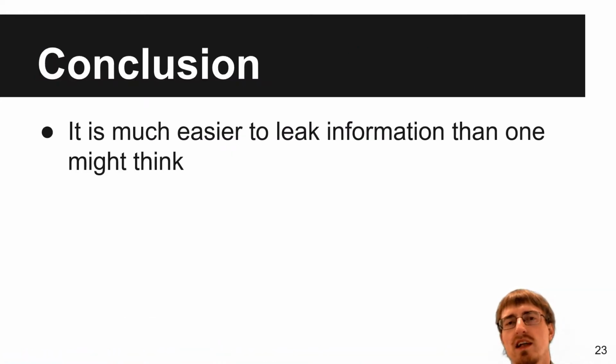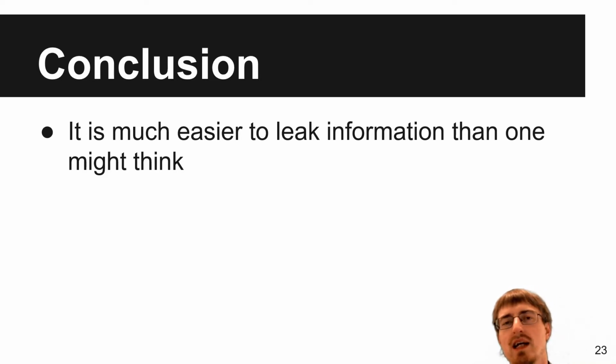So in this presentation I've shown a number of attacks as well as a number of defenses mitigating those attacks, and we can see a cycle where basically each time the attack breaks the previous defense. Now, the important thing here is that all these ASLR related defenses are in some way based on hiding information. And it turns out that leaking information is much easier than one would think.